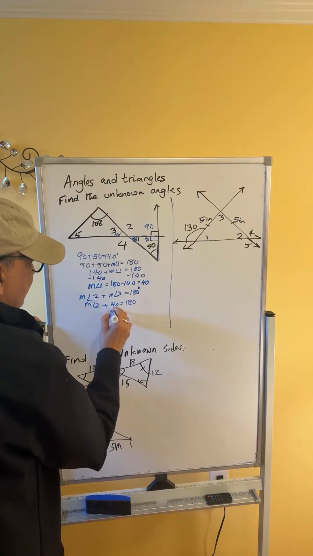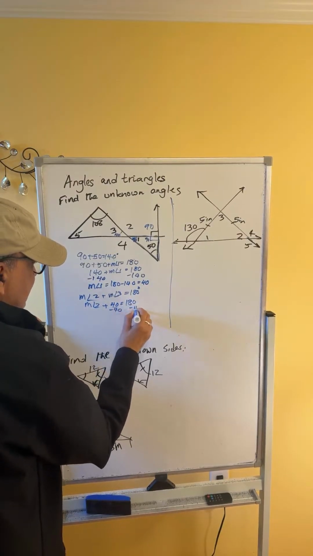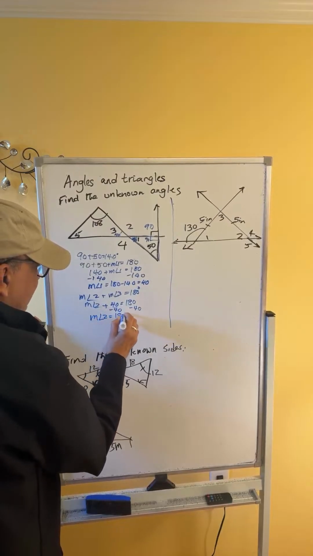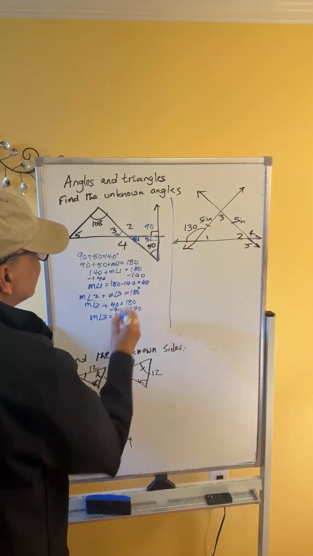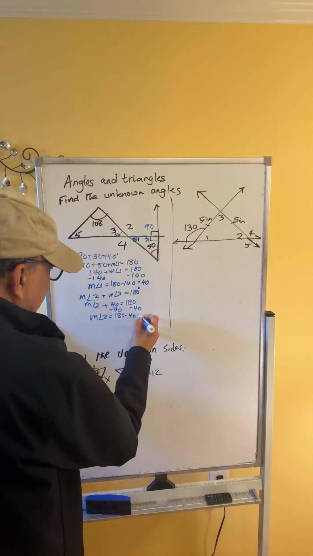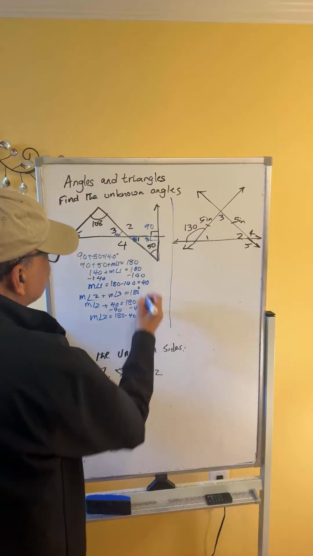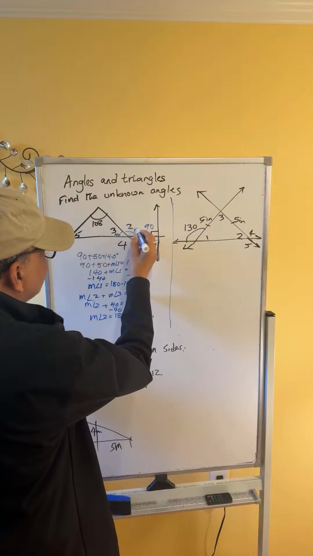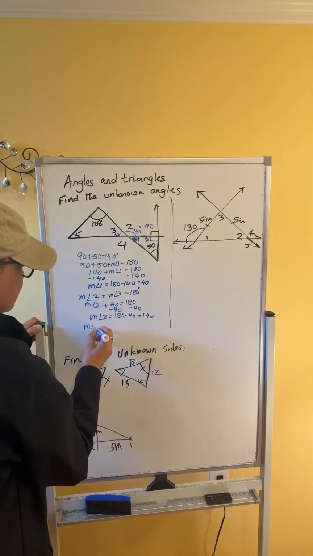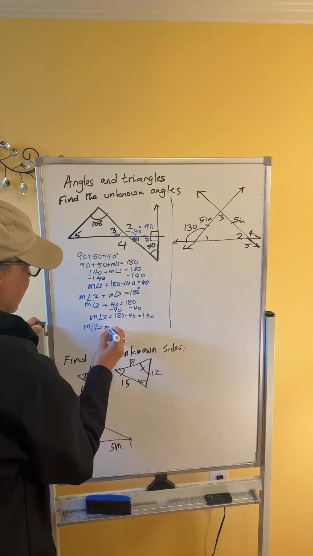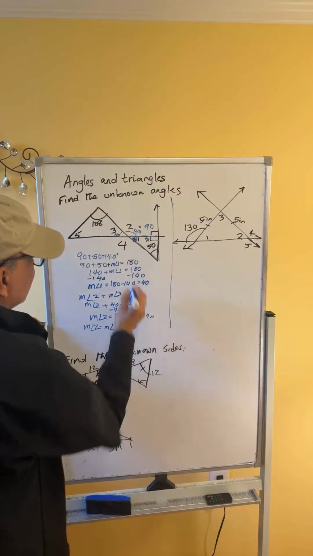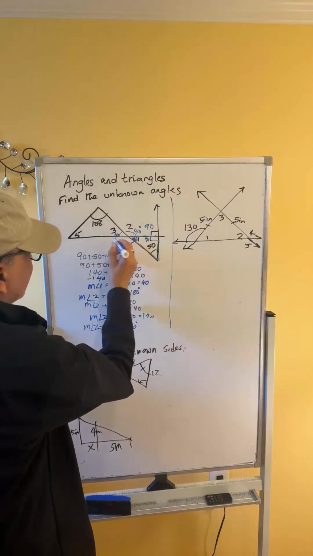So again subtract 40 on both sides and we get measure of angle 2 is 180 minus 40, which is 140 degree. So this is 140 degree. Now if this is 140 degree, measure of angle 2 is equal to measure of angle 4, which is also 140 degree. So this angle is 140 degree.